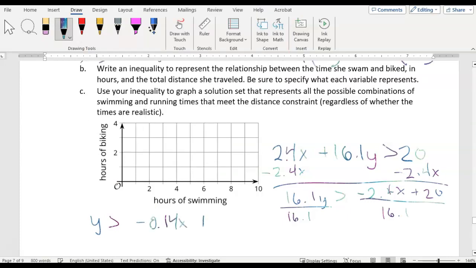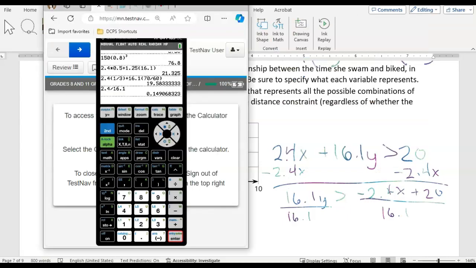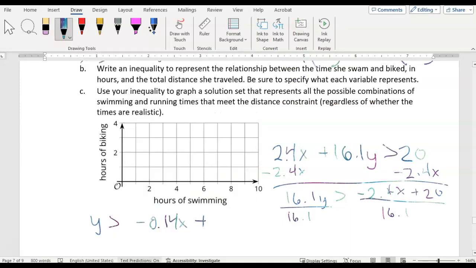Negative 0.14x plus 20 divided by 16.1, it's 1.24. All right, so our starting point would be, if this is 1, 2, 3, 1.24 would be about here.